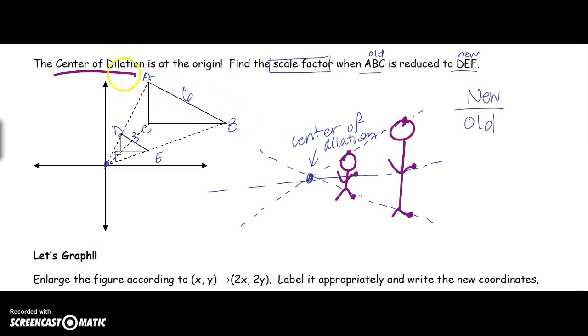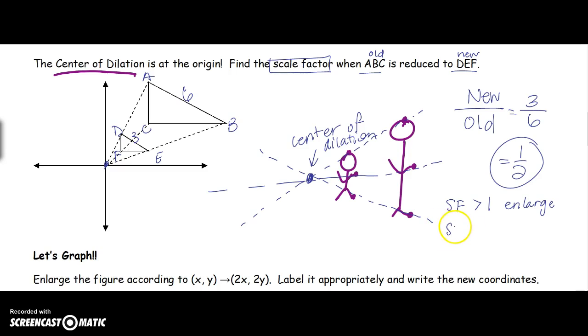So one side of A is our old, so that's going to be 6, and then our new is 3. If you are able to simplify, that's going to be your scale factor. One hint: if your scale factor is greater than 1, it's going to get bigger or enlarge.